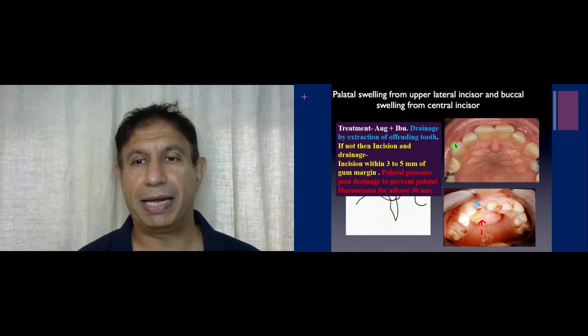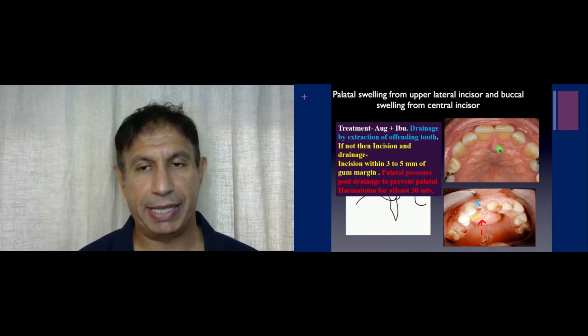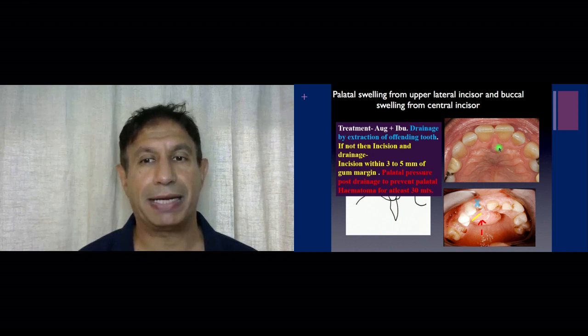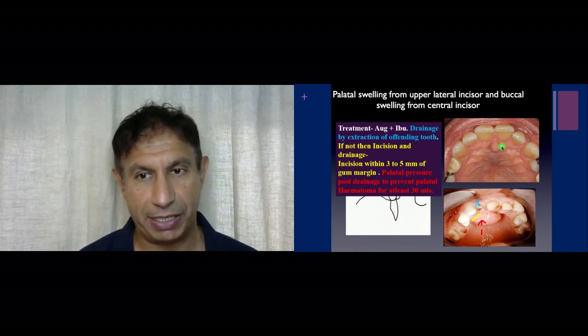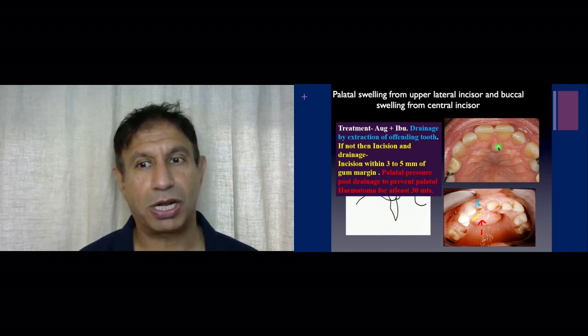Now in the midline, we have a lump behind our upper anterior teeth, and that is the nasopalatine papilla containing the nasopalatine blood vessels. So we do not want to incise here. In this area, we do not cut 3 to 5 millimeters from the gum margin.